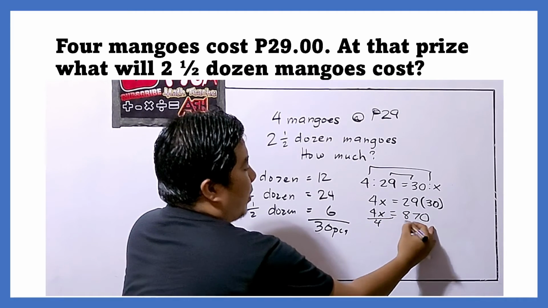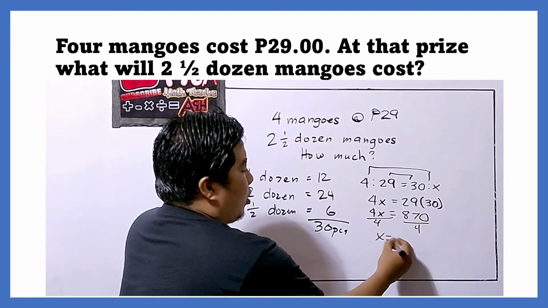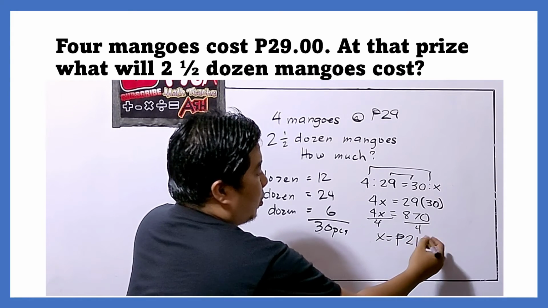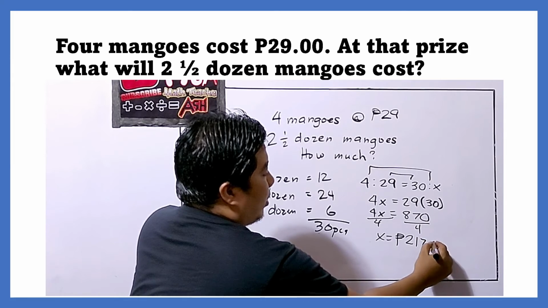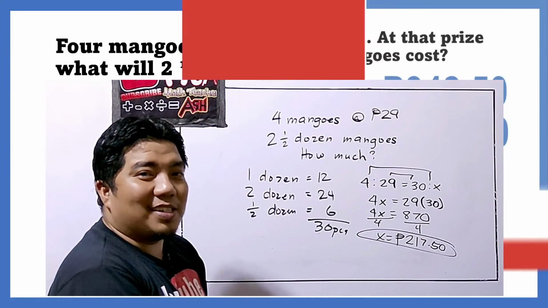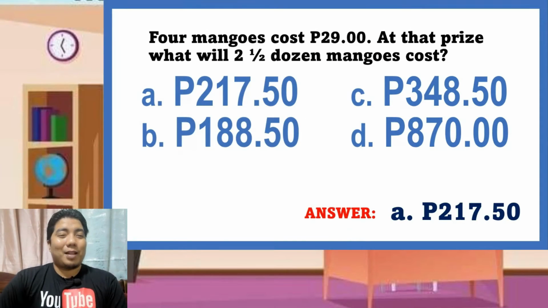You divide both sides by 4, and you will have 217.50 centavos. Easy, right? And the correct answer, my dear math learner, is letter A, 217 pesos and 50 centavos. Very easy, right? Now, let us go to the next problem.